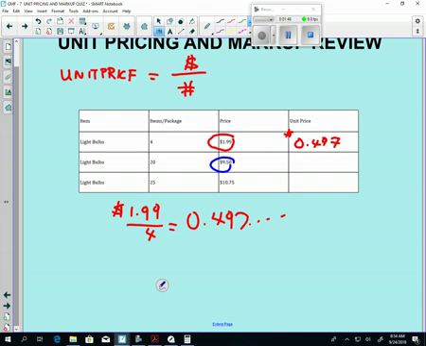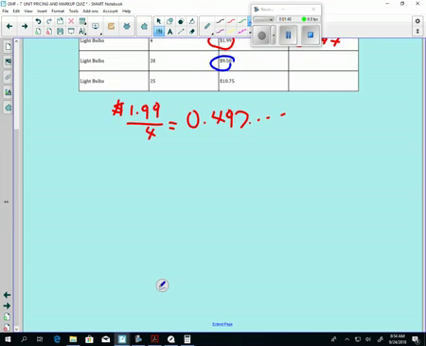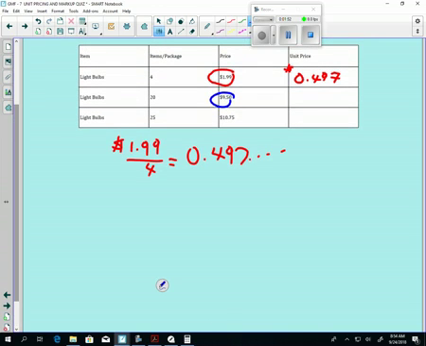So, to find the unit price, we take our $9.50 for the package and divide it by the number of units in it, 20.